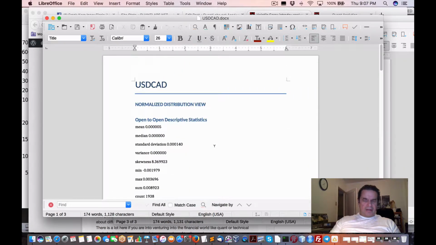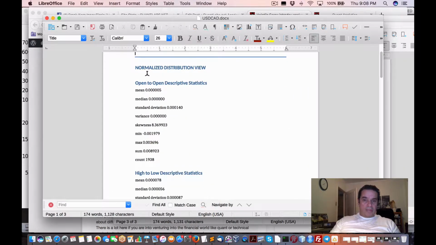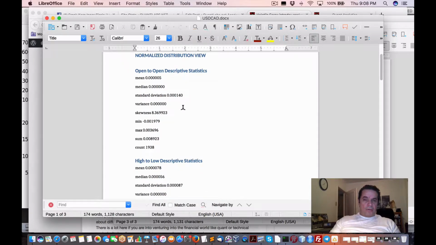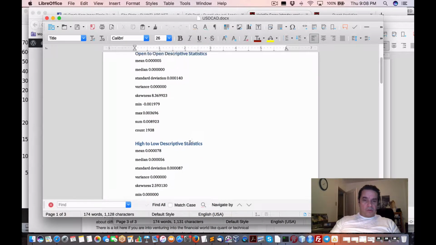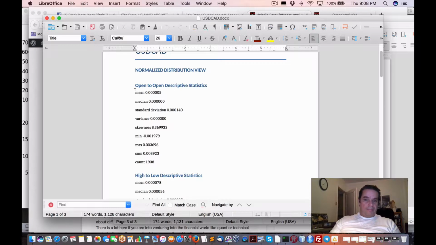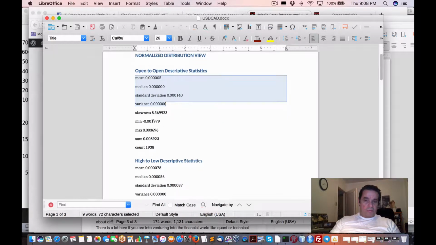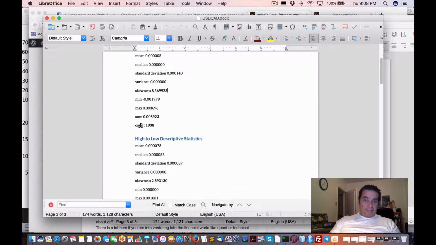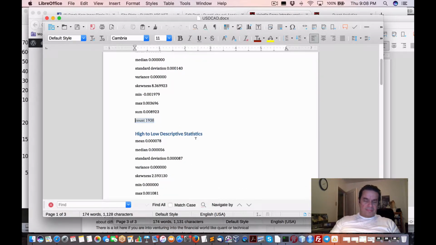So we've got our normalized distribution view on open to open and high to low with the 1 minute bar data. We have our median, mean, standard deviation, which is probably used quite a bit, the variance, skewness, min, max, the sum, and the count of the number of bars.